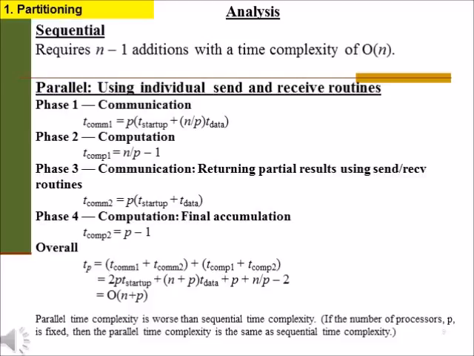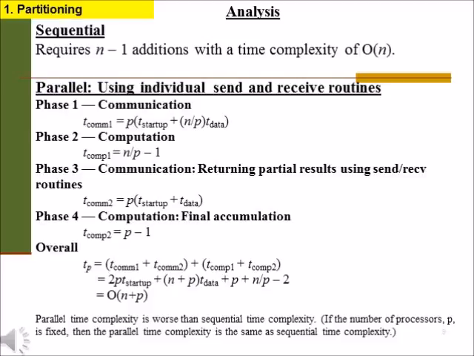First, we need to consider the communication aspects of the p slave processes reading their n divided by p numbers. Using the individual send and receive routines requires the time shown in the part of the slide that says Phase 1 Communication.